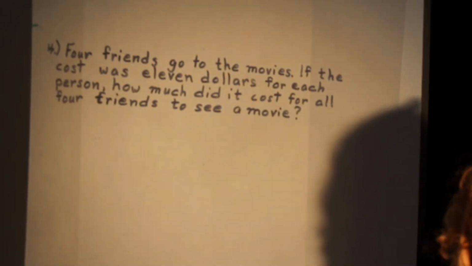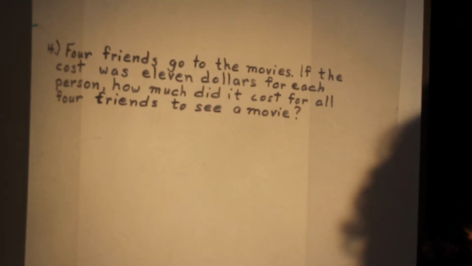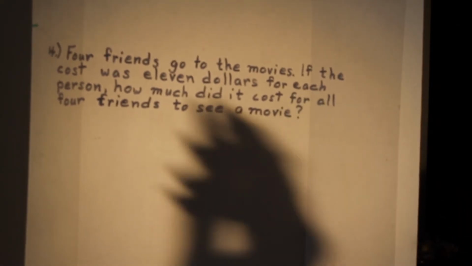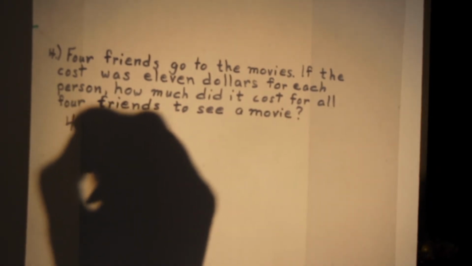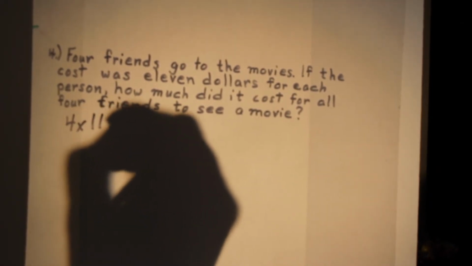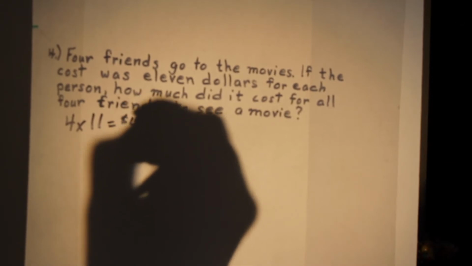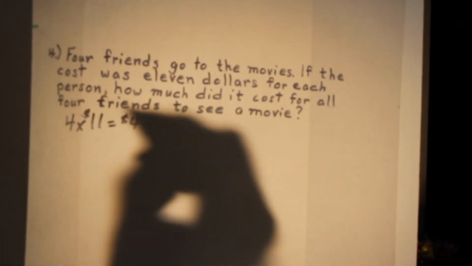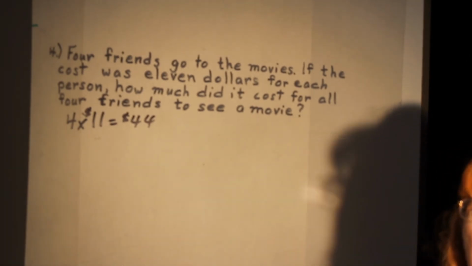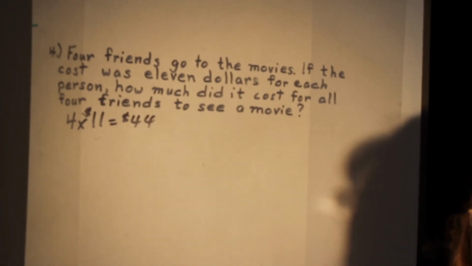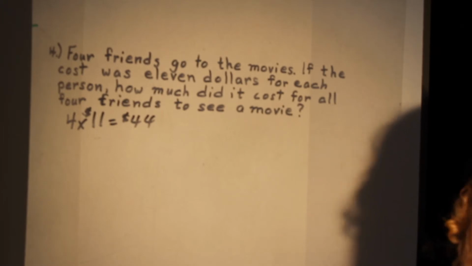Sometimes it's just a little bit of experience and you have to keep working at it. So we have 4 friends and it's $11. So that's $44 for all 4 friends to see the movie. That's not counting their popcorn or drinks or anything else. That's just your admission.